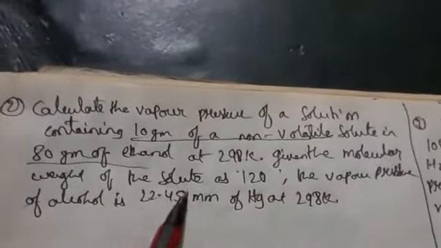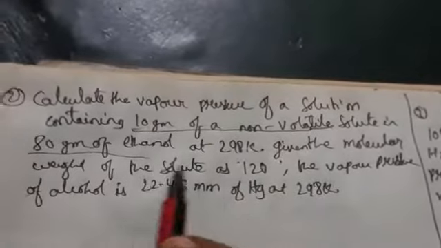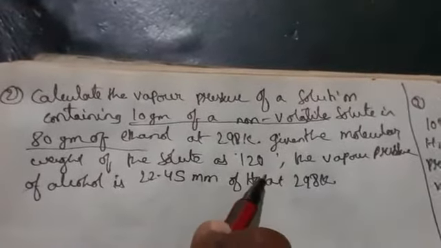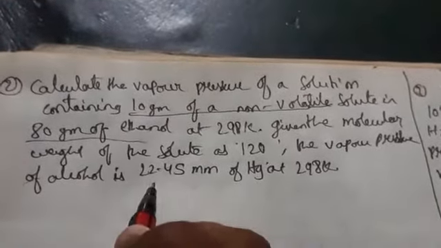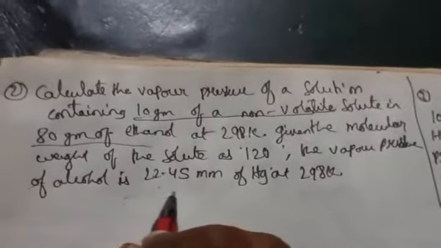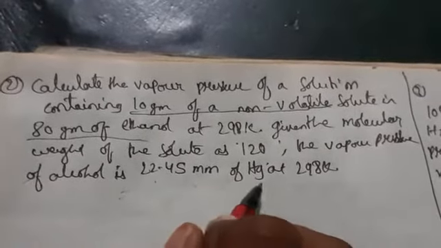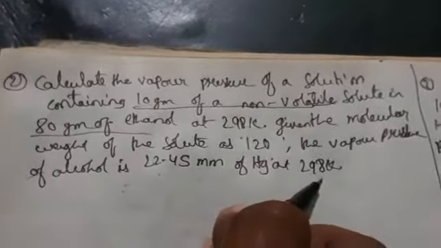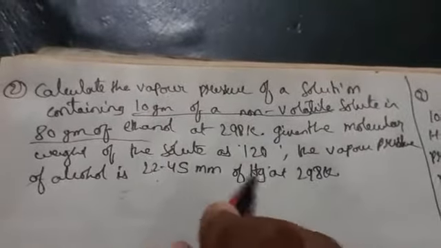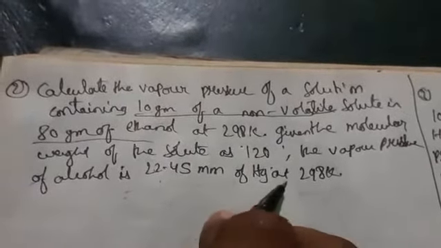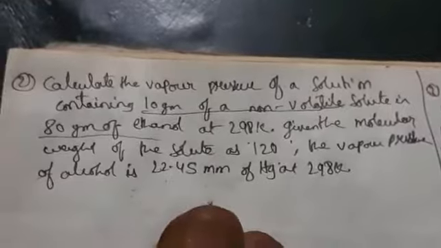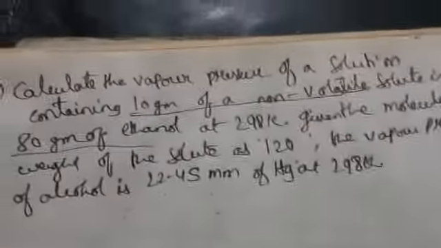The molecular weight of the solute is given as 120, and the vapor pressure of ethanol is 22.45 mm of Hg at 298 K. He has given it in millimeters of mercury, and we have to convert it now. So now let us see.